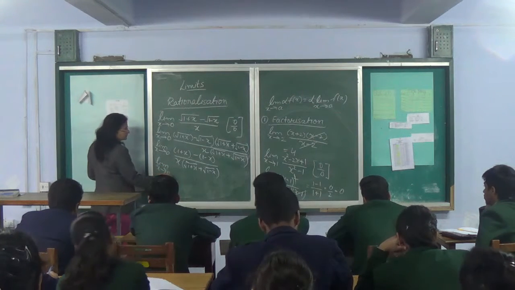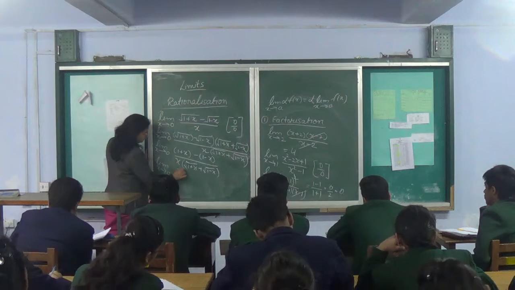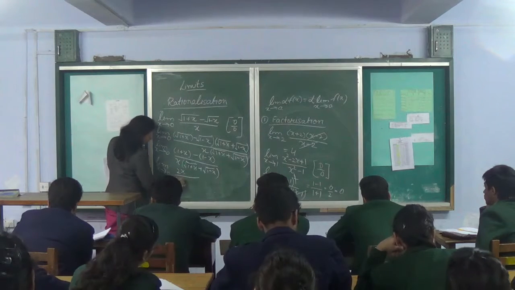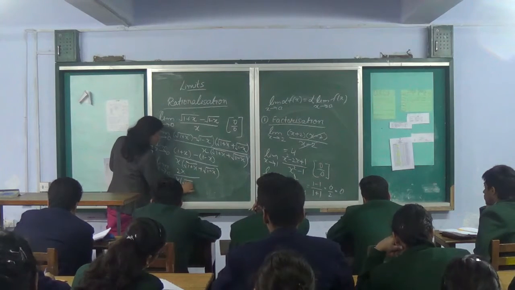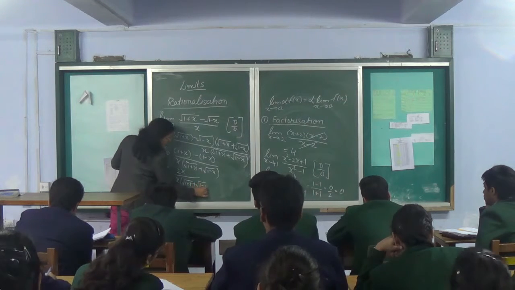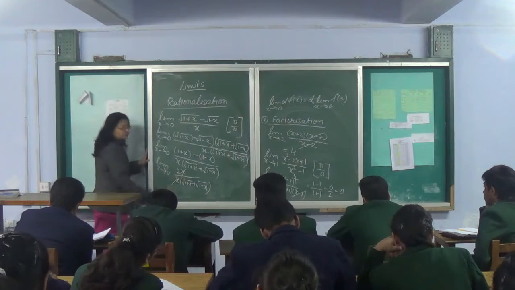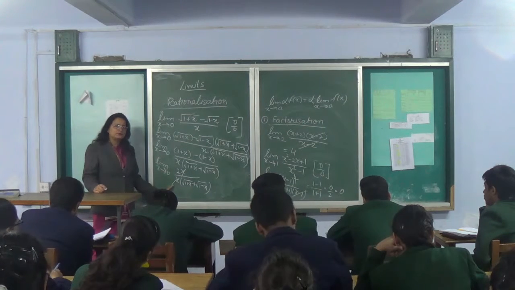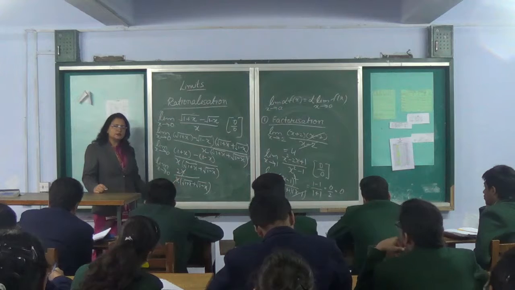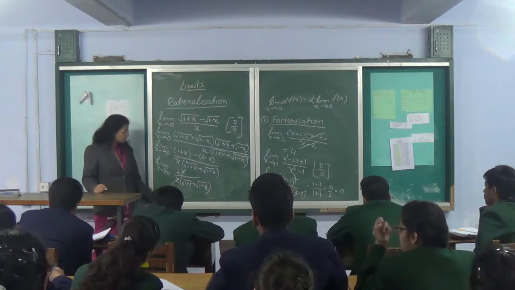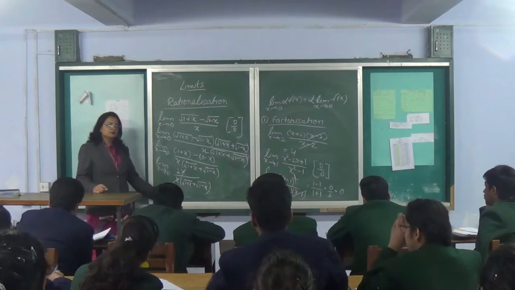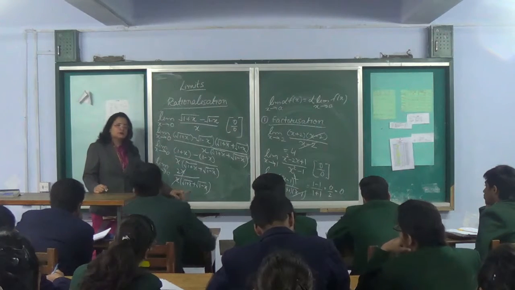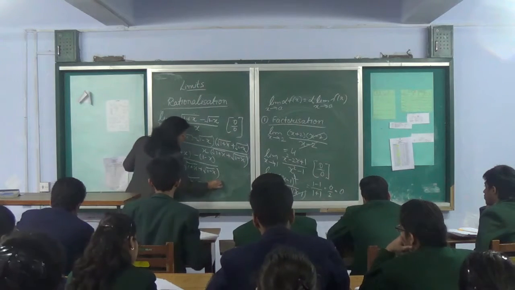Limit x tending to 0, we get 2x upon x into root 1 plus x plus root 1 minus x. This x gets cancelled. And we had the problem with x only, right? This was only giving us the 0 by 0 before. So, what is the final answer? Now put 0 in place of x. The answer is 2 by 2.